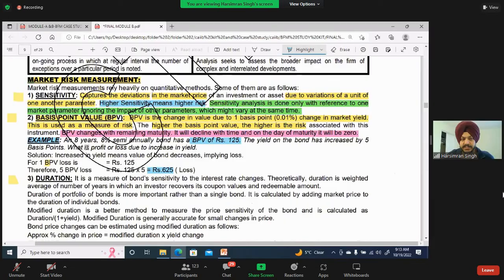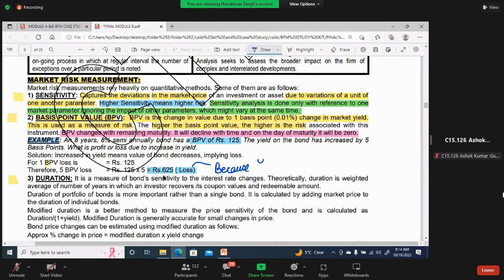Now the question is whether there is a profit or loss. The yield has gone up, so the bond price goes down. Why loss? Because yield increases, the price decreases.